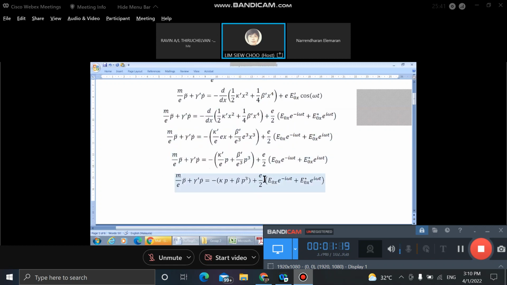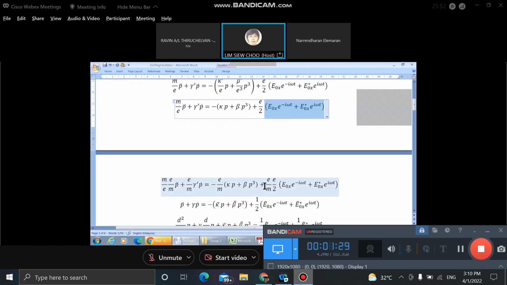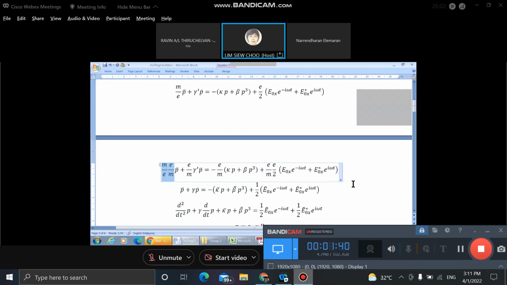So the electric field is E(z,t), and then we make it into complex form with the one half here. Here I play with the constant. I multiply every term with this constant, so I can make the P double dot alone.